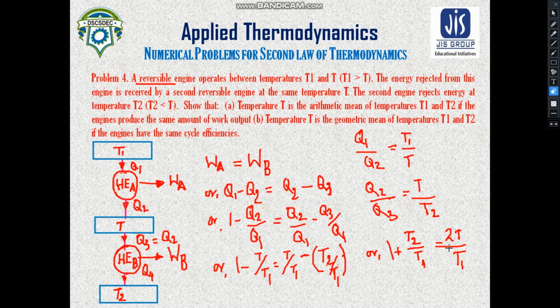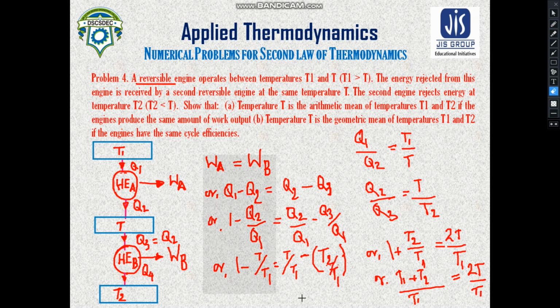I think you have got it. Now, T1 plus T2 divided by T1 gives you 2T by T1.